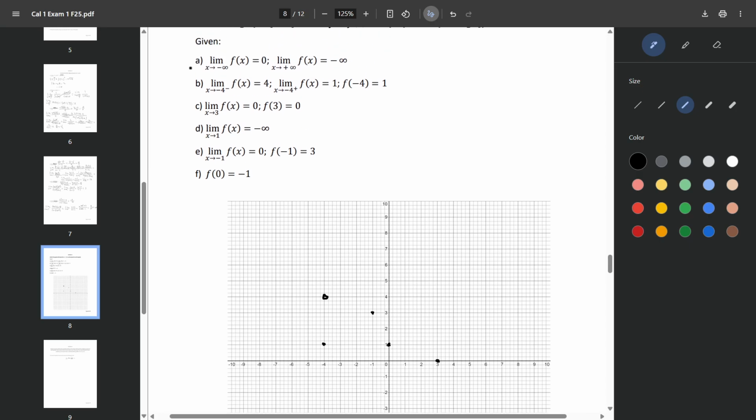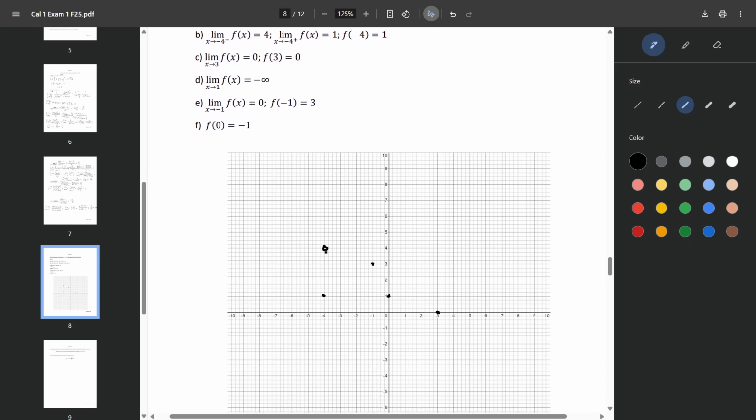So because of that, we now know that in A, our approach to 0 is coming from the top. So we're going to show that like this.